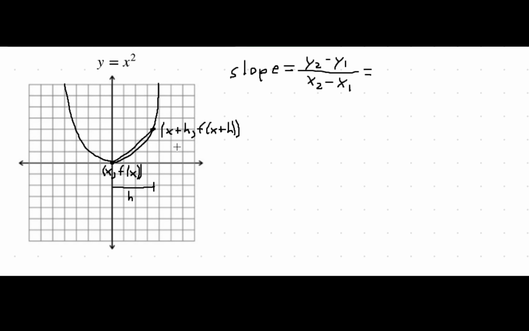So if our second point is the one on the right here, the y2 value is going to be f of x plus h. So that's the y coordinate of the second point. And then y1 is going to be the y coordinate of my first point at the origin here. So it's going to be f of x. So I have a minus f of x then.